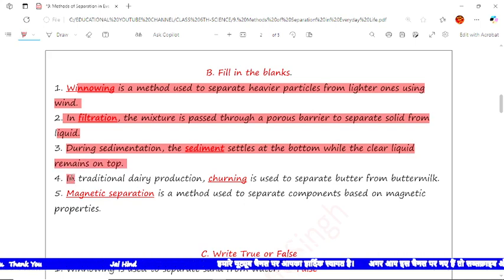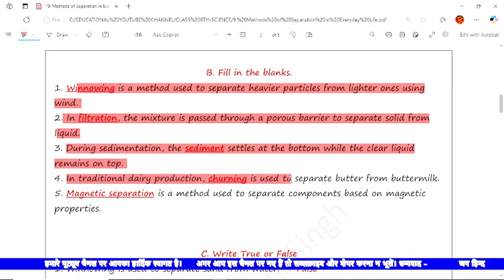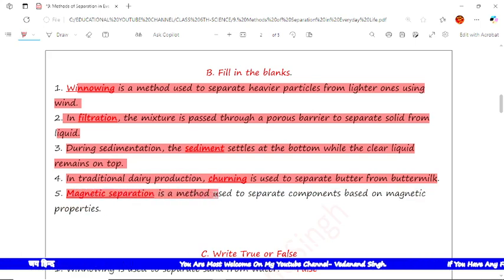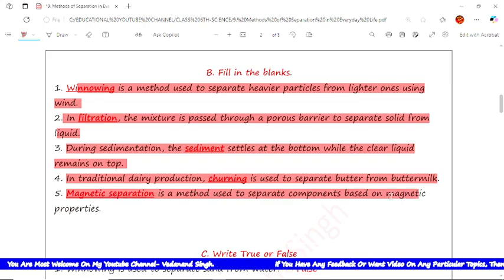The next is, in traditional dairy production, churning is used to separate butter from buttermilk. Now the next is, magnetic separation is a method used to separate components based on magnetic properties.